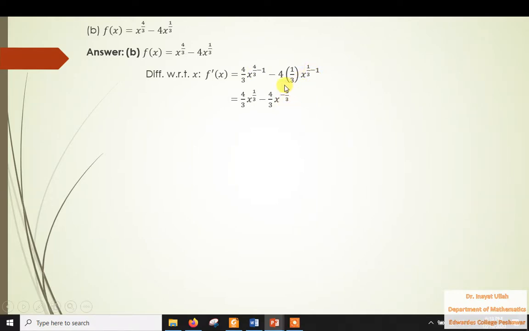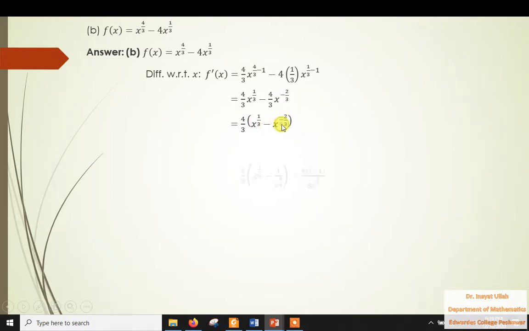This minus 2 by 3 is negative, so shift it towards the denominator, and 4 by 3 is common in these two. So taking 4 by 3 common, we will be left with x power 1 by 3 minus x power minus 2 by 3.